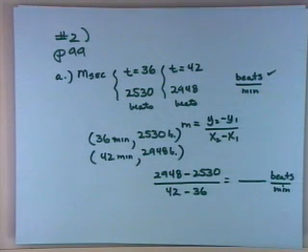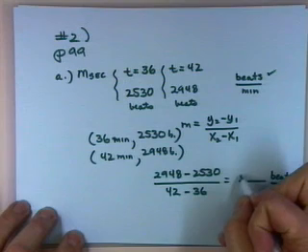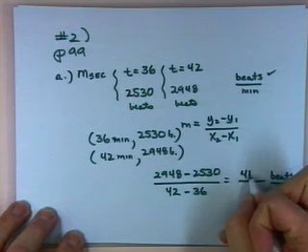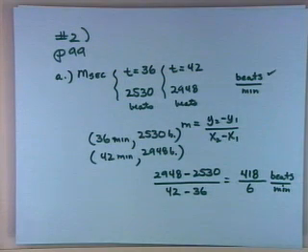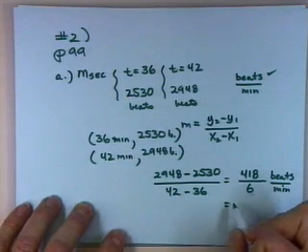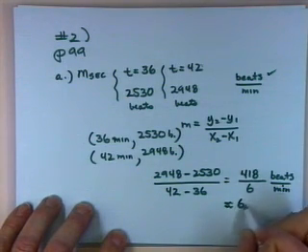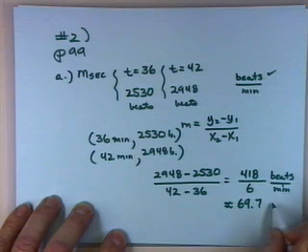Rest is arithmetic, right? 418 over 6. And we probably wouldn't leave it 418 divided by 6. 69.7. Yep.